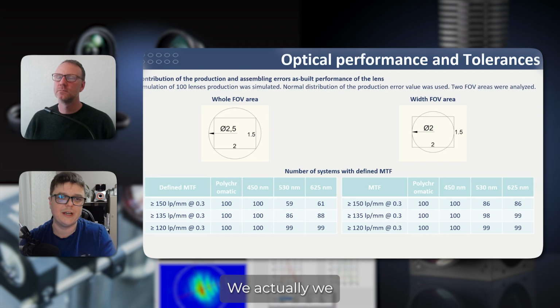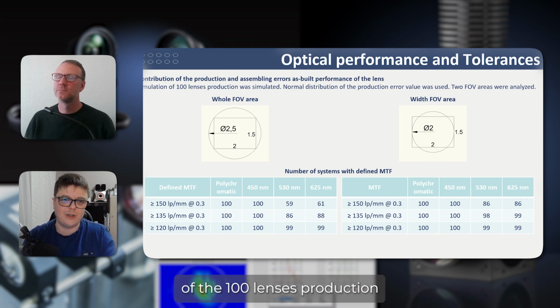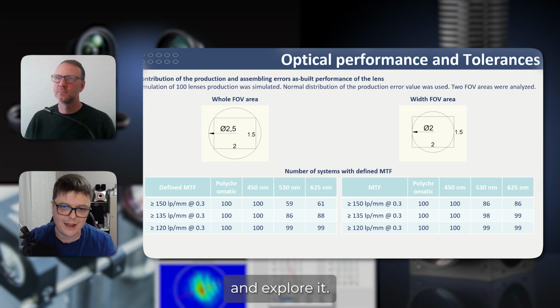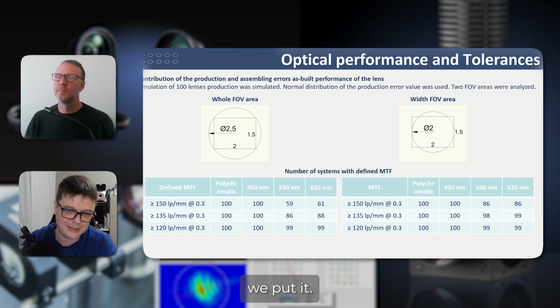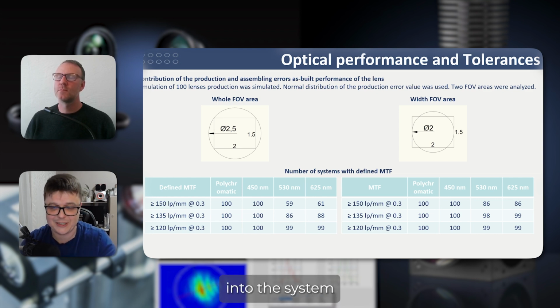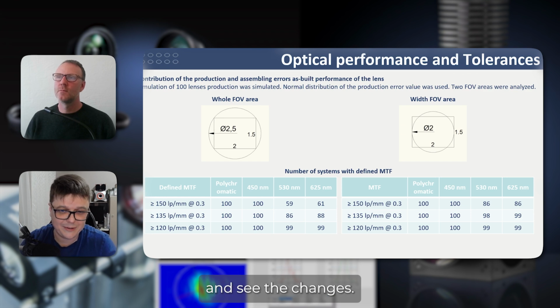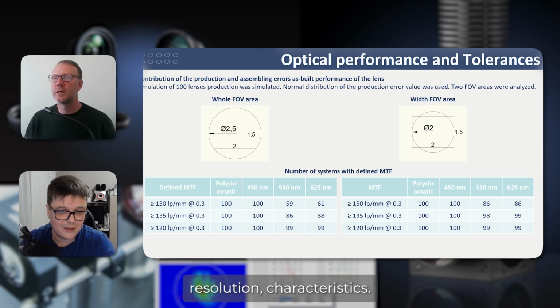We made a simulation of the 100 lenses production and explored each simulation by hand, by eye. We looked at the images, put virtual test charts into the system and looked at the changes, and also looked at different graphs that show the resolution characteristics.